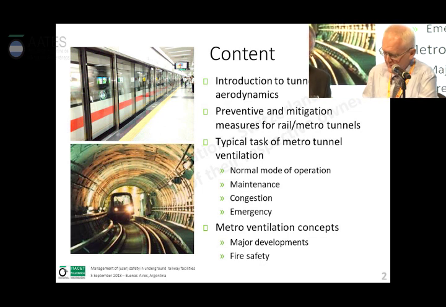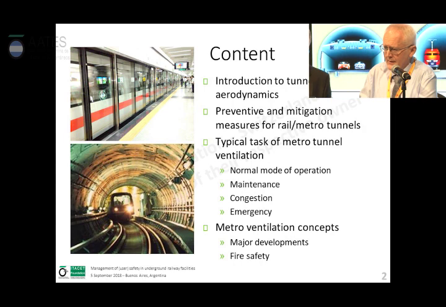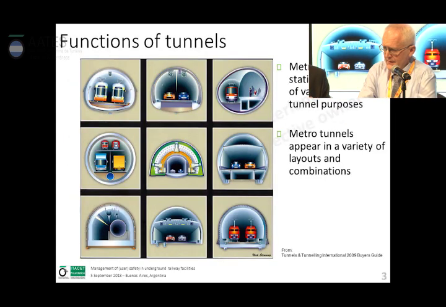So I may start with some general slides again. What you see on this slide are a couple of different functions of tunnels and combinations of them. What we can learn is that metro tunnels and stations are only one type of various other functions of tunnels.